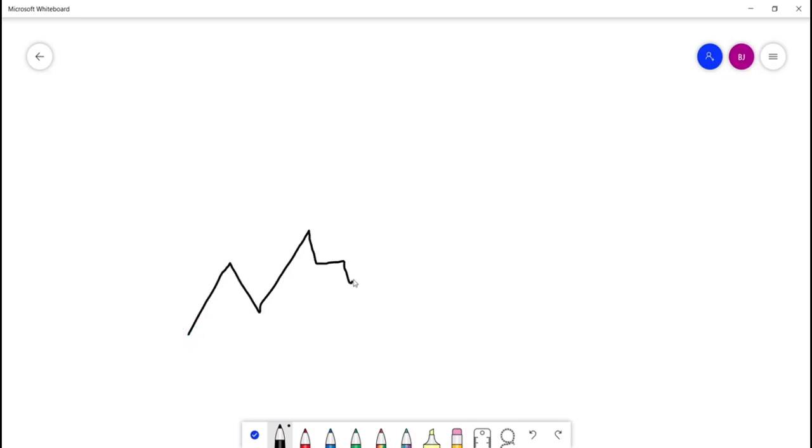On pullbacks, we are looking for continuation. So we have a nice little trend line right here. On a pullback, we're waiting for price to break this pullback trend line right here. And as soon as it breaks this trend line, we're going to go to the 1-minute chart, and we're going to look for entries. This is what this strategy is all about.